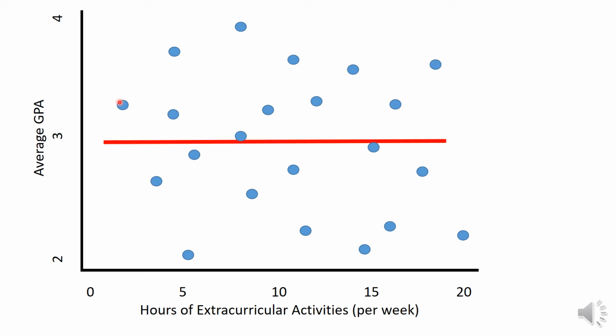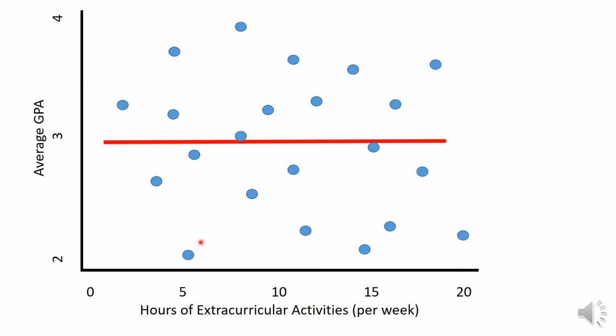We can see that this line kind of describes the data here, but remember that there is no trend to this data. In other words, your hours of extracurricular activity basically has nothing to do with your average GPA.